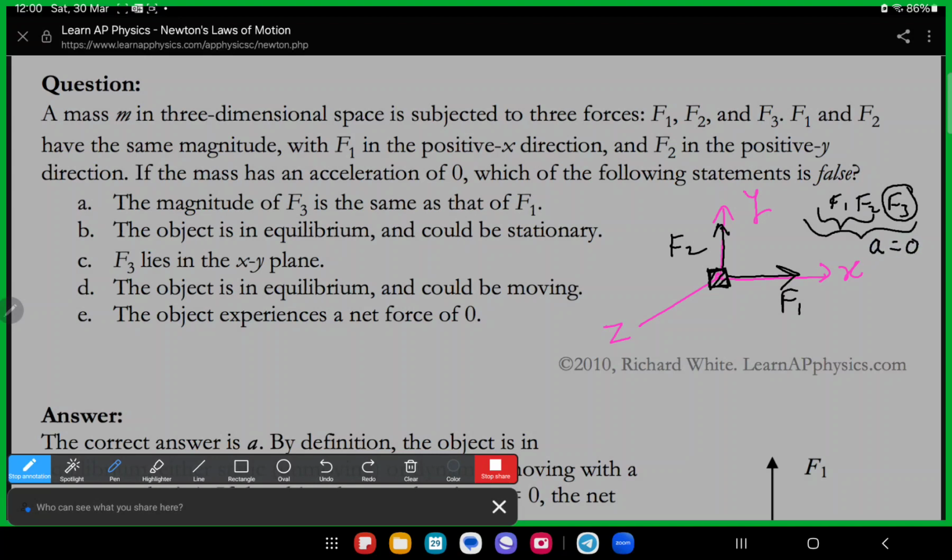So you can think that way, by Newton's law F net is equal to ma, if a is 0, mass will never be 0. That means F net should be 0. And when the F net will be 0, since we have given two directions of x and y, clear?